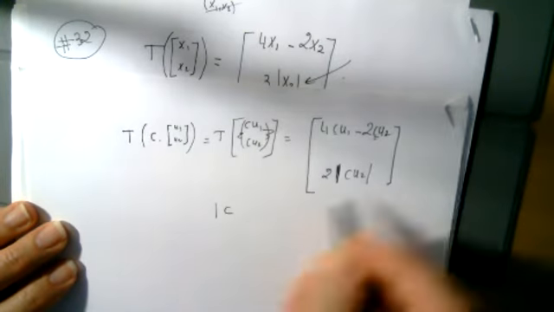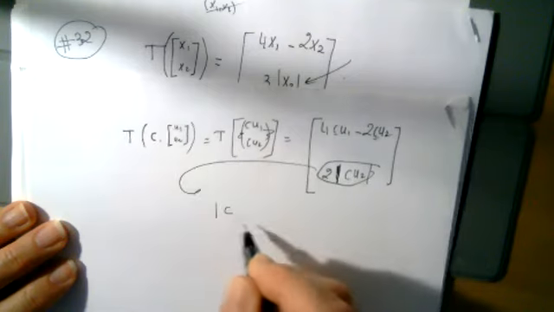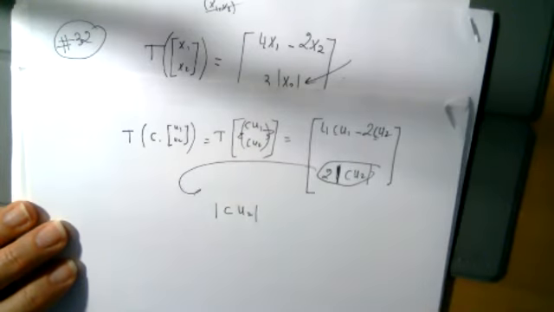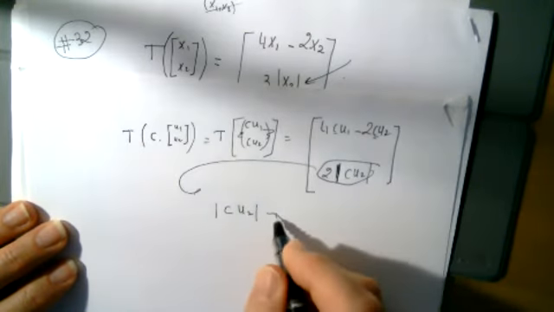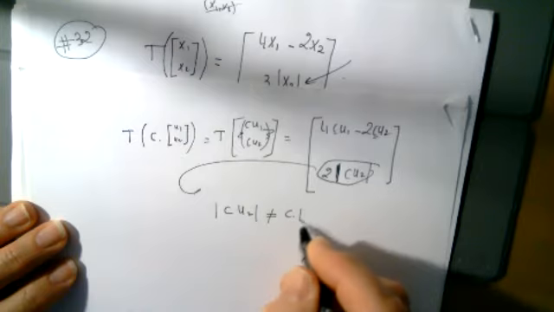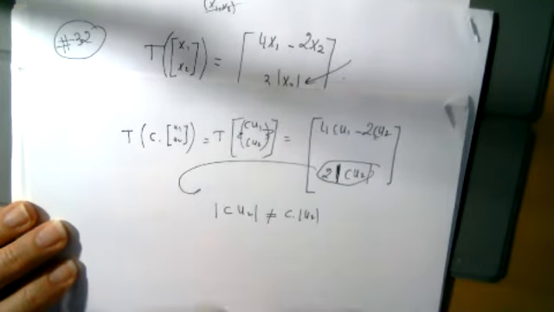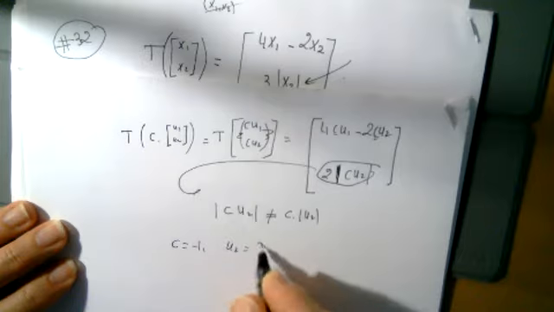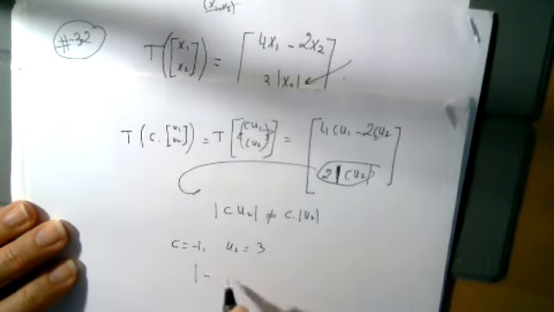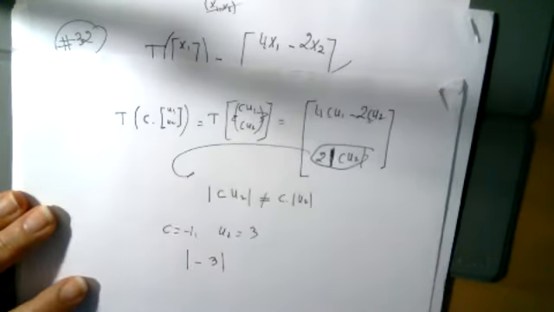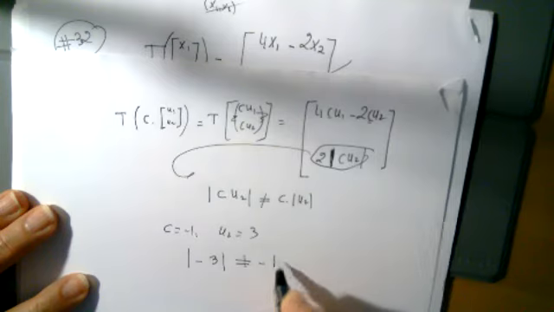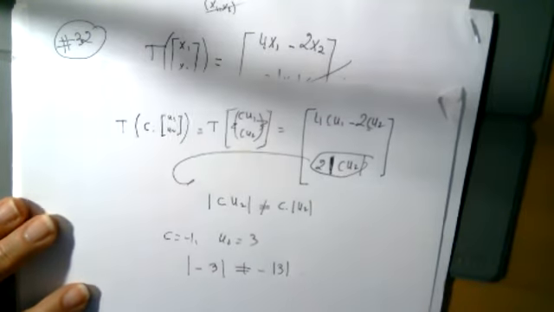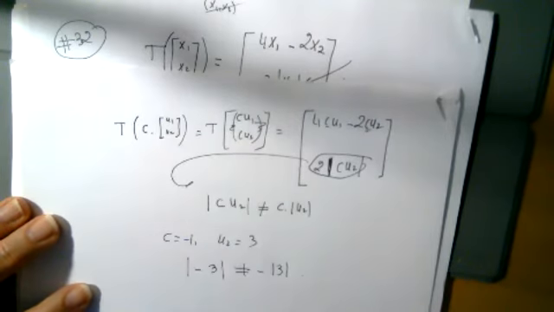When I had the absolute value of C times U2, we cannot take away the C. Because take, for example, as we did before, C to be -1 and U2 to be 3, then the absolute value of -3 is definitely not minus the absolute value of 3. So it's really the absolute value which makes the linearity totally break.